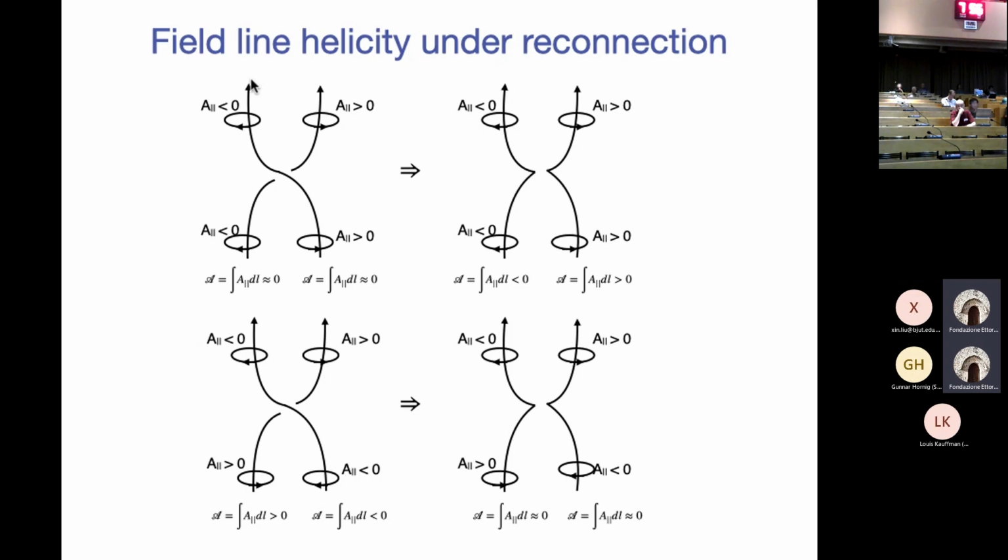If I do this, I separate these two regions and get two field lines, one with negative field line helicity and one with positive field line helicity, because now this one here is a field line which has left-handed twist down here and left-handed twist up there, so that adds up and gives you a finite value. And similar on the right-hand side, the two contributions add up and give you a finite value.